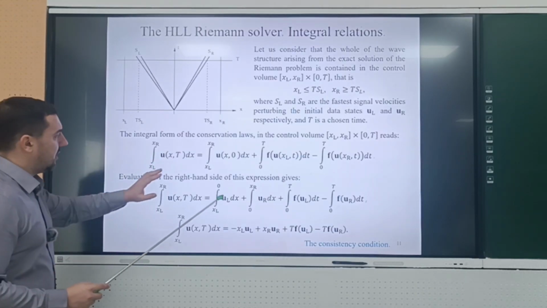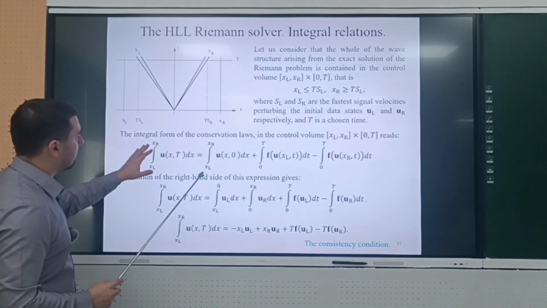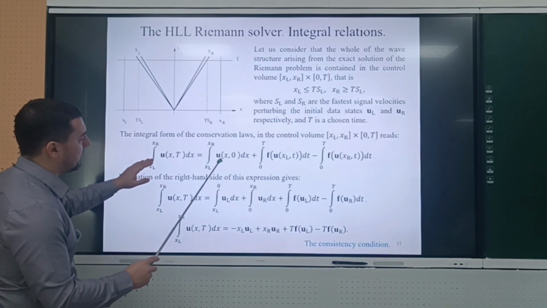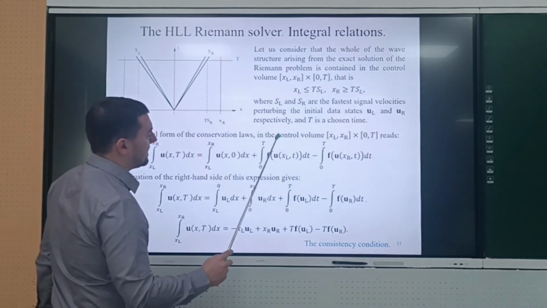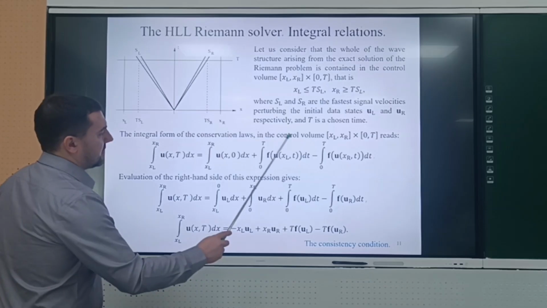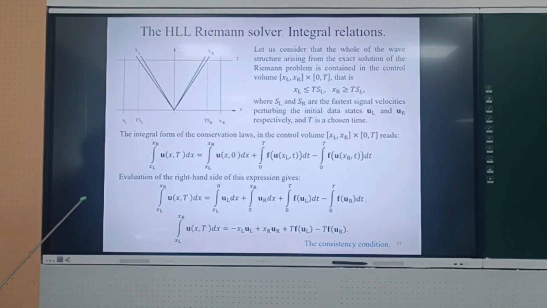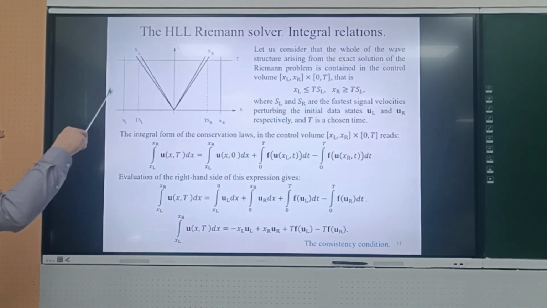Usually it was the integral from XL to XR of U(x,T) minus U(x,0), and in the right-hand side we had the integral from 0 to T of the difference of fluxes through the boundaries of our control volume. So this is just the integral form of the Euler equations written for this control volume, right?